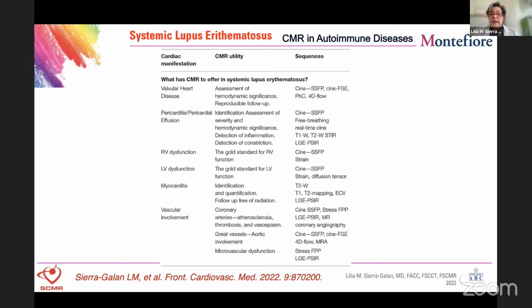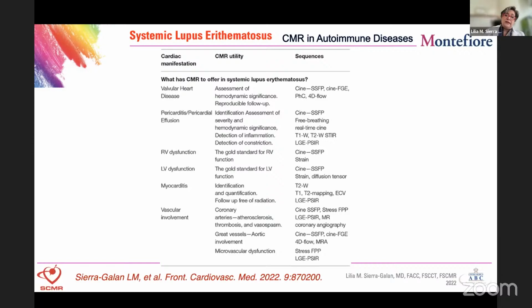The sequences are CINE, it could be SSFP, free breathing real-time CINE for the constrictive pathophysiology, and we are going to use the newer mapping techniques or the morphological sequences, the T1 and T2 STIR images, and also obviously the LGE sequences.